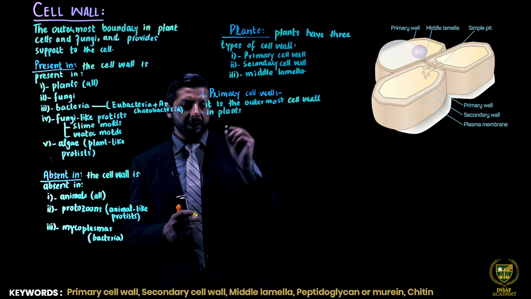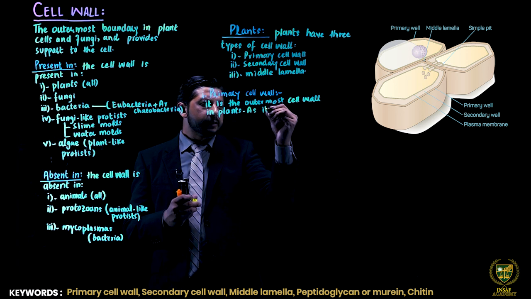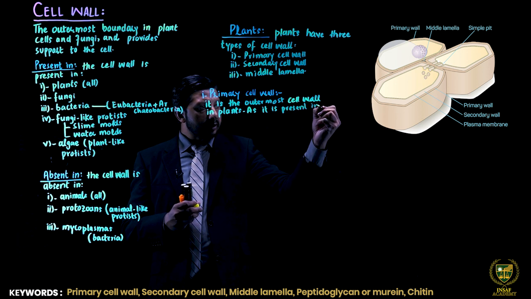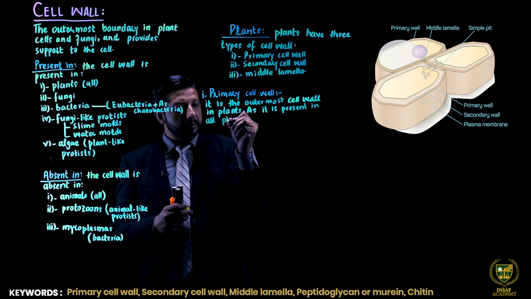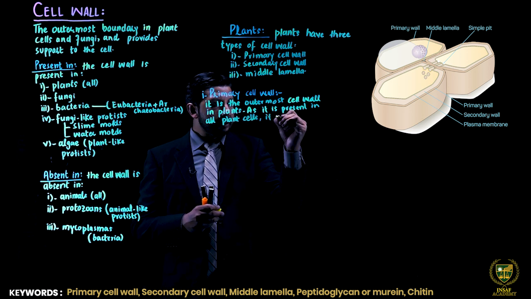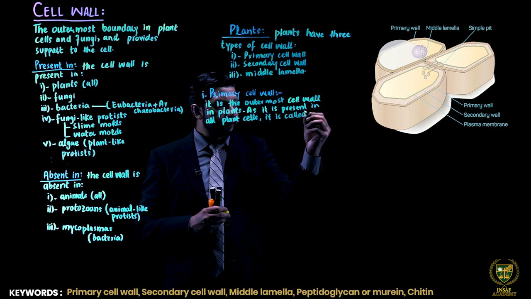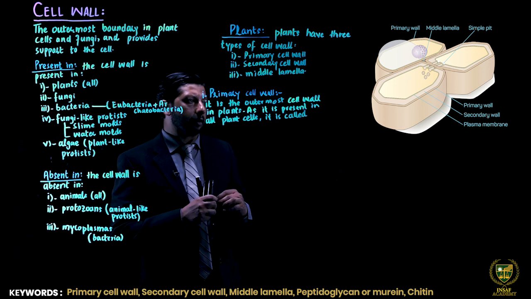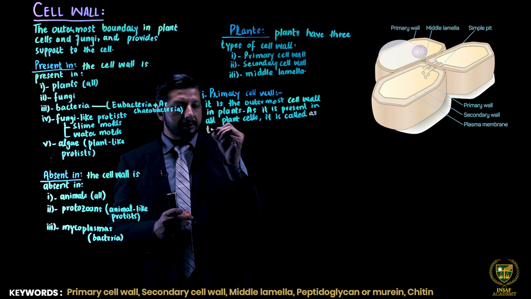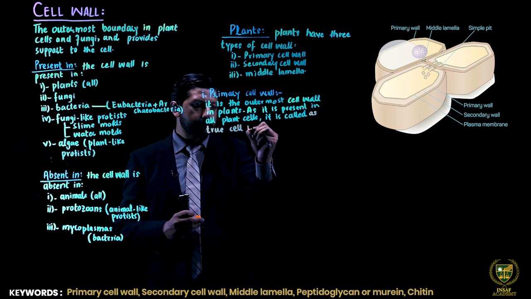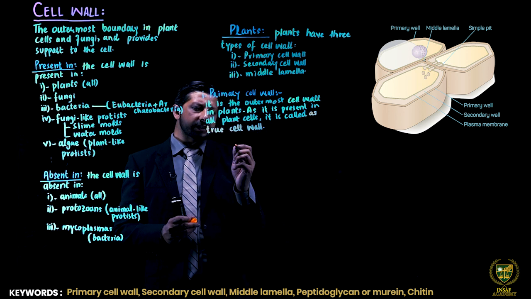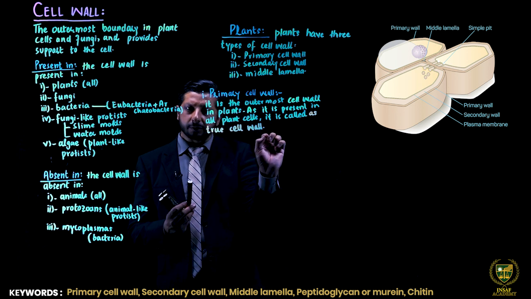Clear? सबसे बाहर यही होती है. As it is present in all plant cells, it is called the true cell wall. क्योंकि ये हर प्लांट सेल में मौजूद है, so that is why it is also called as a true cell wall, the primary cell wall. ये MCQ के लिए मार्क कर ले इसको बुक में.